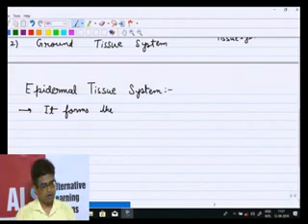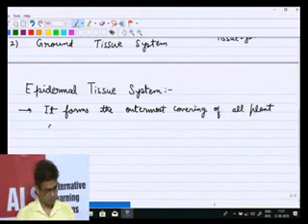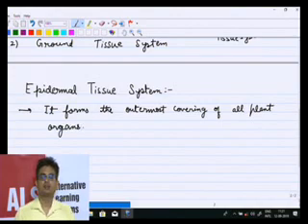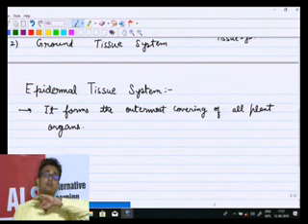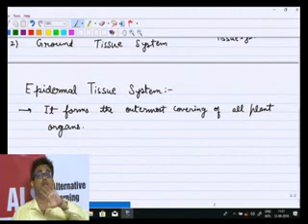It forms the outermost covering of all plant organs. Now when I say this, I also mean the stomata that are present on the leaf. They are also a part of epidermis.